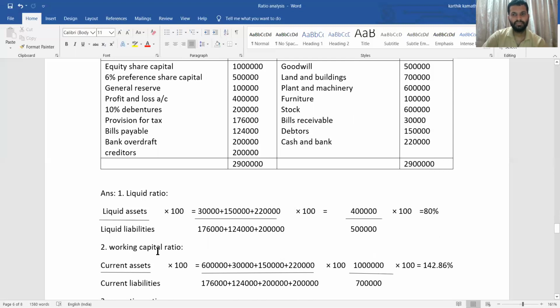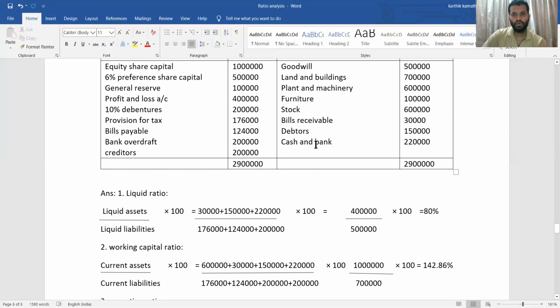Then the second one is working capital ratio. Working capital ratio is nothing but current ratio, current asset divided by current liability into 100. In this problem, once you see the asset side information, stock is your current asset, bills receivable, debtor, and cash and bank balance.